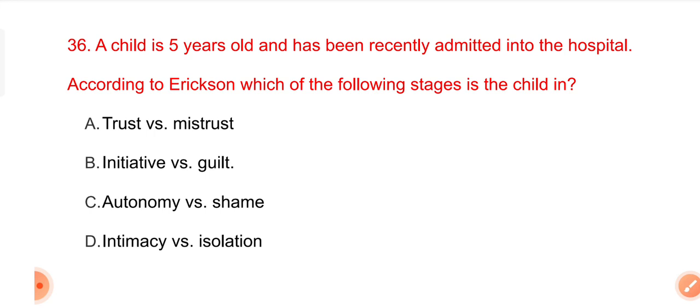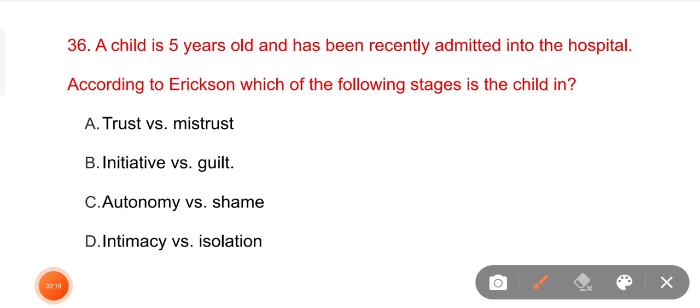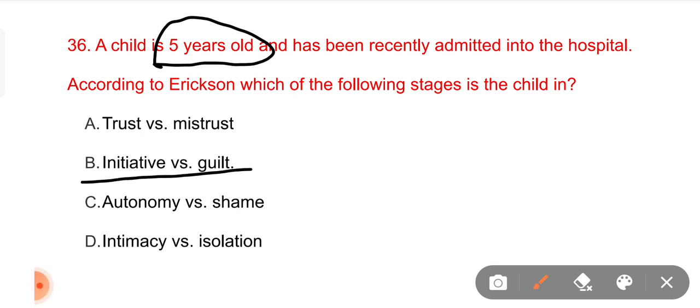The right option is option B. When the child is 5 years of age, we see initiative versus guilt according to Erikson's theory.